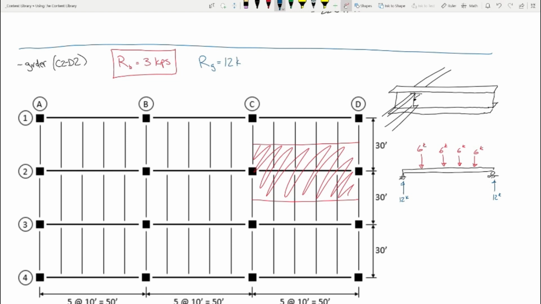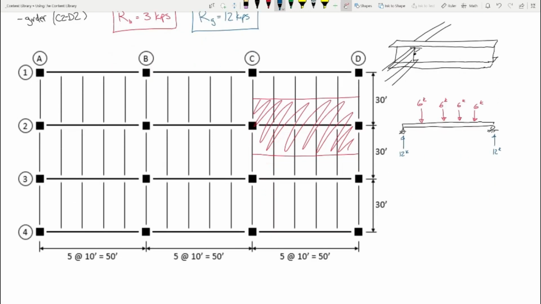Let me write those down. So with this, what we can do is we can say, all right, let's draw a shear diagram. What's the shear diagram look like?